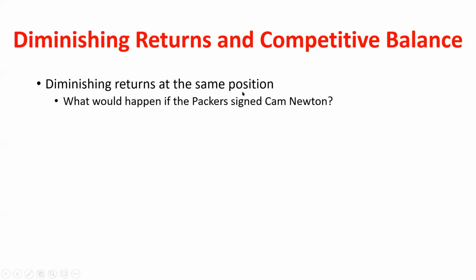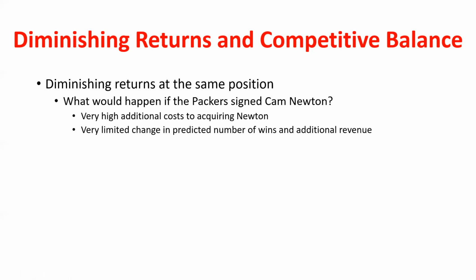So these diminishing returns in the same position, and I think I had an older example here, maybe we should change this because I don't know who wants to sign Cam Newton, right? But if we think about 2 high quality quarterbacks, we wouldn't see a team spend near the amount of money that second high quality quarterback commands, because there's just no additional wins added.